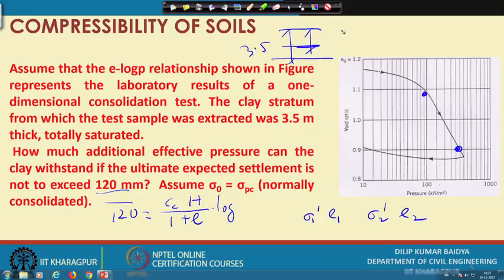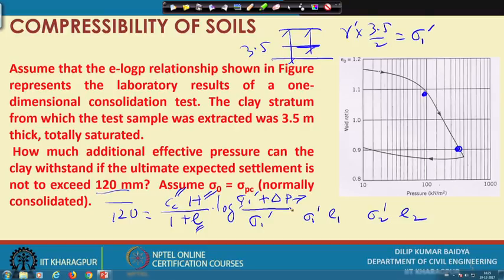I can find out gamma submerged into 3.5 by 2, that will give you the sigma 1 dash. So, this will be sigma 1 dash plus delta p, which is unknown, divided by sigma 1 dash. So, everything will be known, this is known, this is known from here, this is also known. So, only delta p, like the previous problem, one can find out.